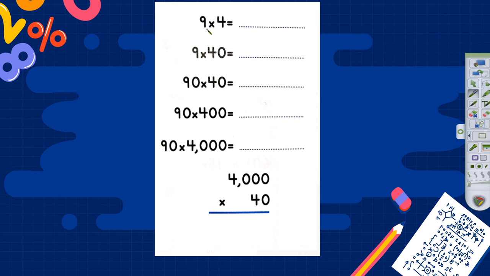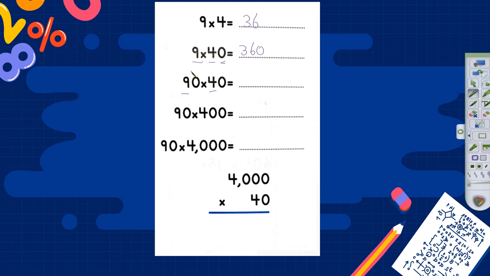The factors here are 9 and 4. 9 times 4 equals 36, right? Great. Now, what if we multiply 9 times 40? You multiply 9 times 4, which is the basic fact, equals 36. And how many zeros do you have here? 1 zero. You put it where? In the answer. So 360.